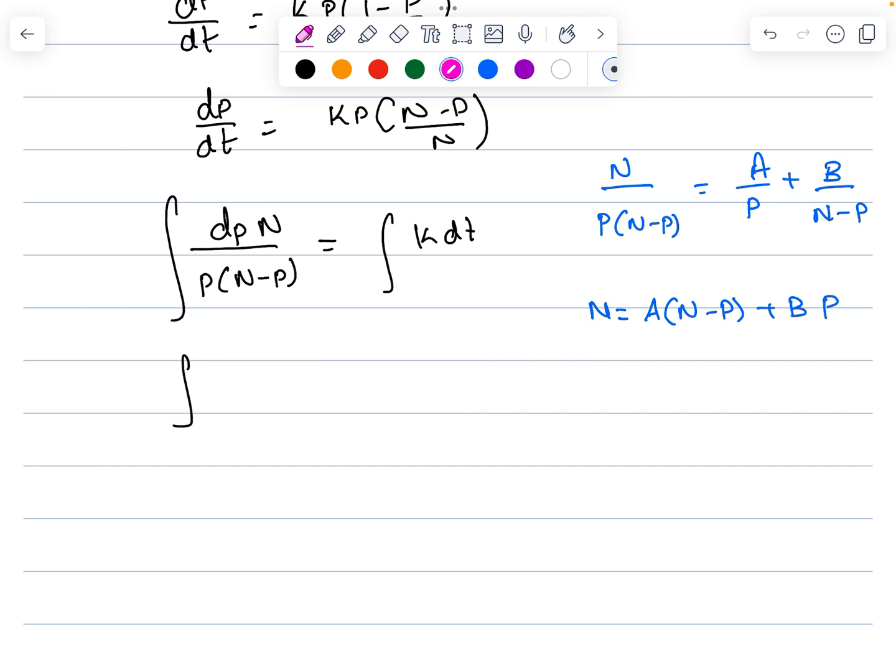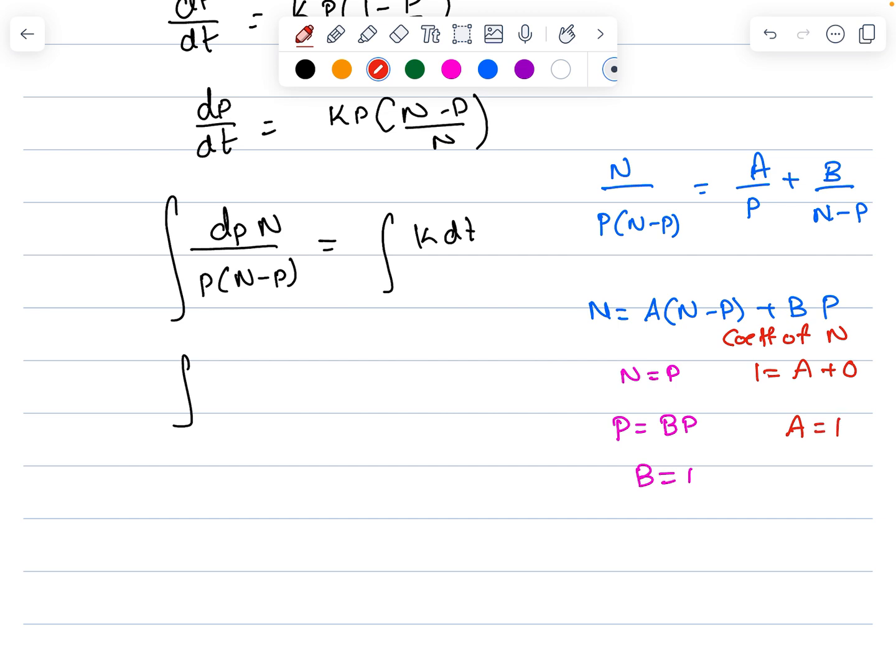Let N equal P. So P equals BP, B equals 1. Then, another way of getting the coefficients: equating coefficients of N, 1 equals A plus 0. So A equals 1.